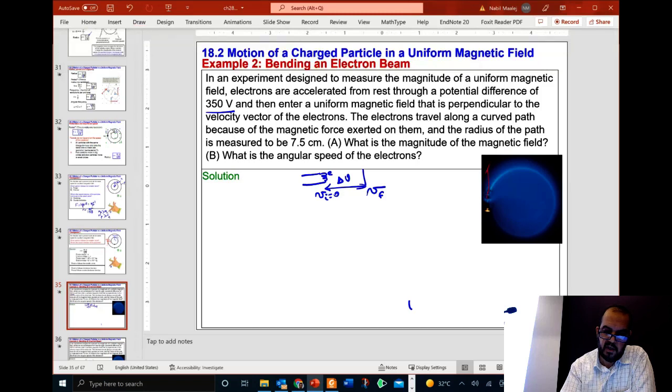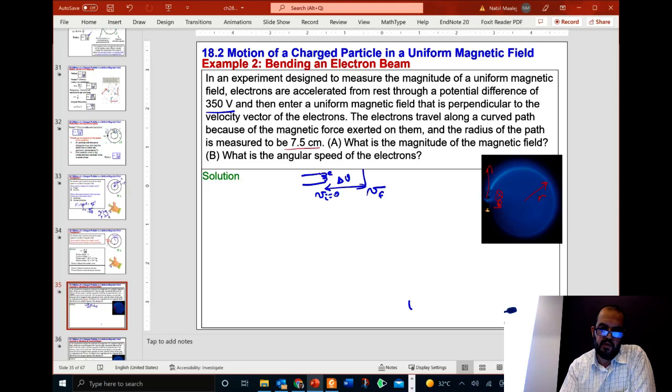This is the velocity vector, and the magnetic field vector is perpendicular, into the page. This is a magnetic field vector. Now the electron travels along a curved path because of the magnetic force exerted on it. The radius of the path is measured to be 7.5 centimeters. So we measure this radius r.